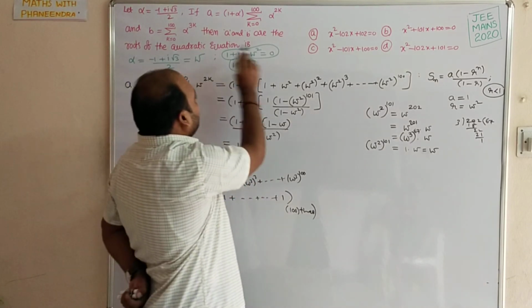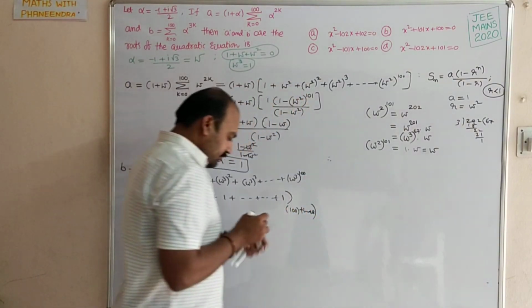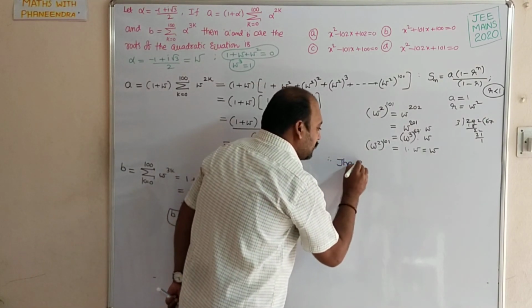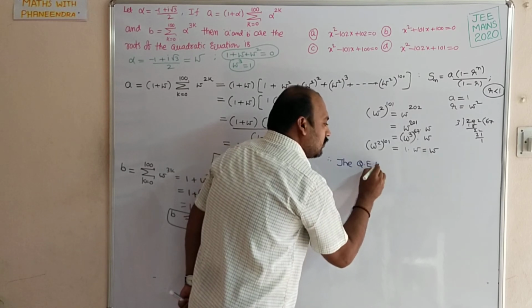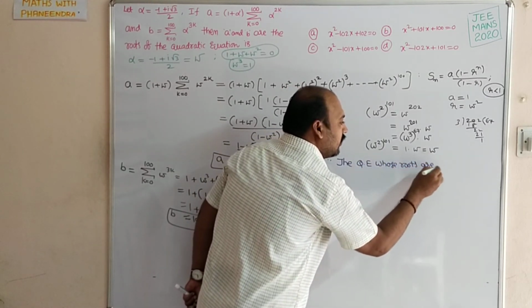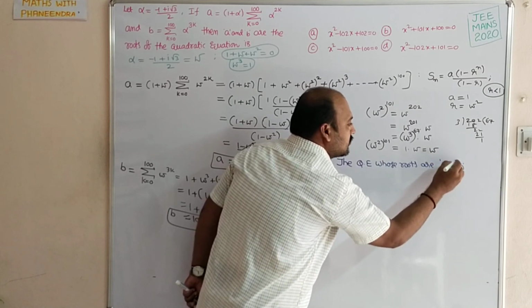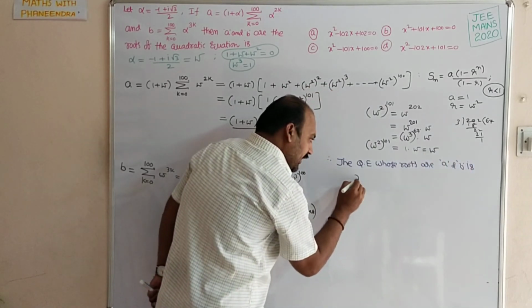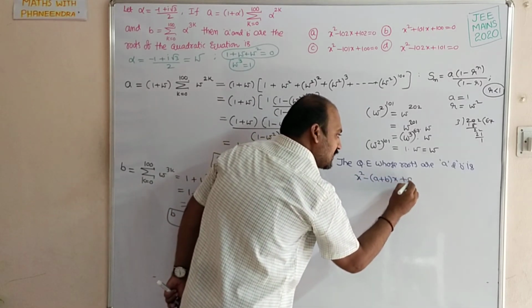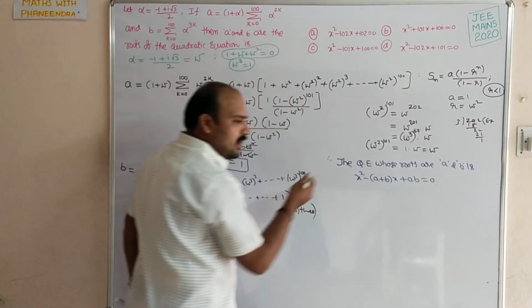Now the required quadratic equation whose roots are A and B is x square minus A plus B into x plus AB is equal to 0. AB value substitute there.